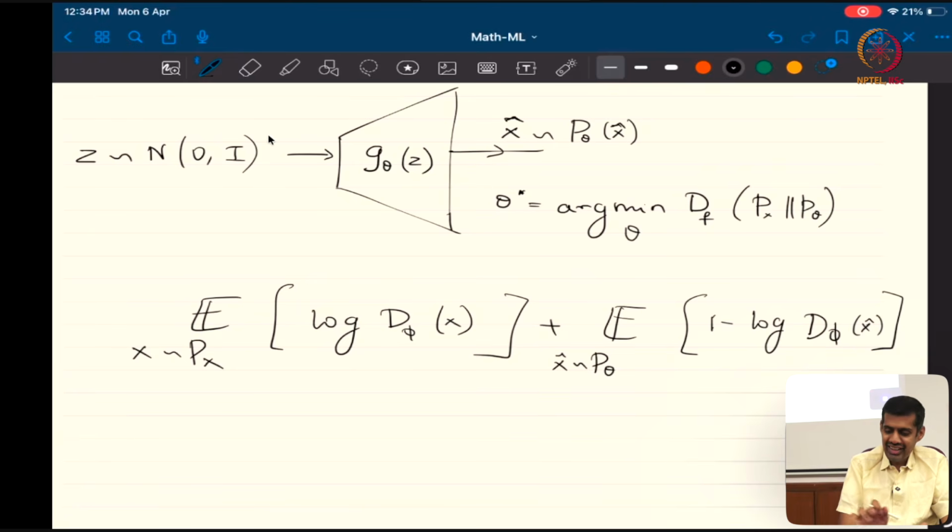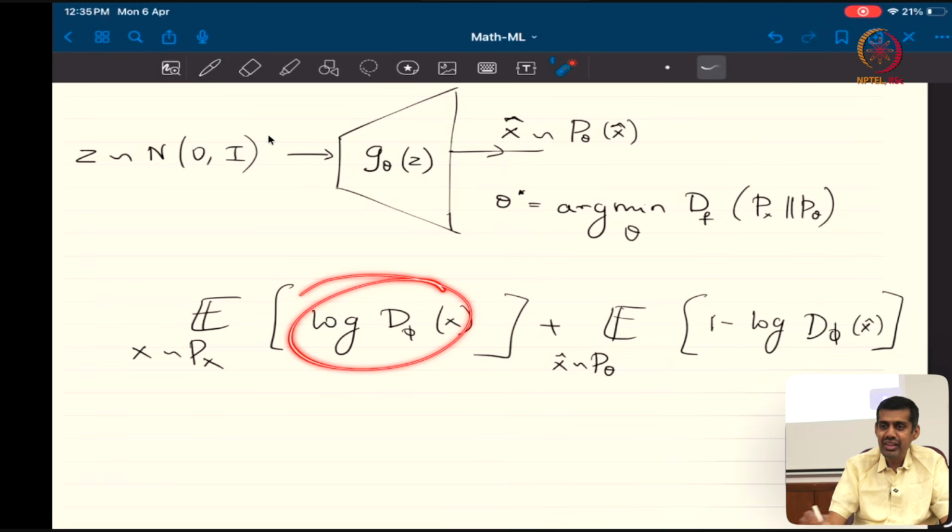The point is, I will tell you why this is not of importance. I told you that there is a family of divergence metrics. Depending upon which family of divergence metric you choose, the functional form of these terms inside the expectation changes. In fact, I can choose a divergence metric that would give exactly this form, but there is one particular divergence metric, the generative adversarial network, which will go to this.